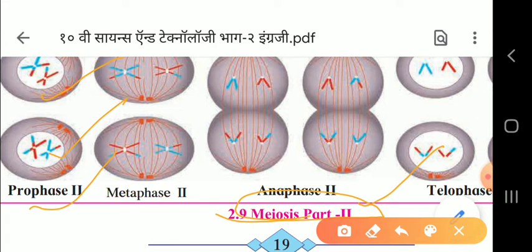Now metaphase, in metaphase further in these two cells the chromosomes will come in the middle place of the spindle. That is why it is called metaphase. In anaphase further they are moving toward their ends, and spindle formation is there, and here from one cell two cells are going to form. So that means from two cells four cells will be formed.